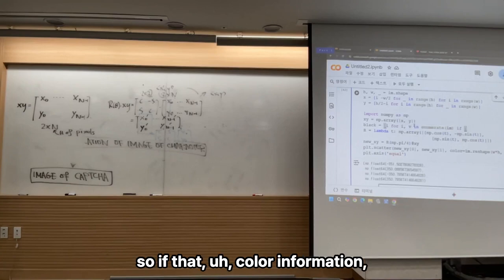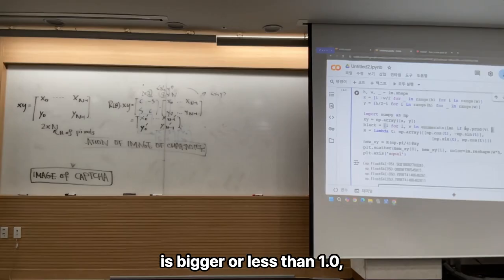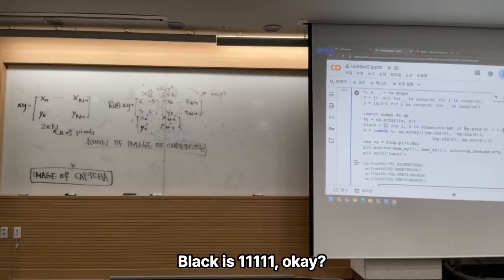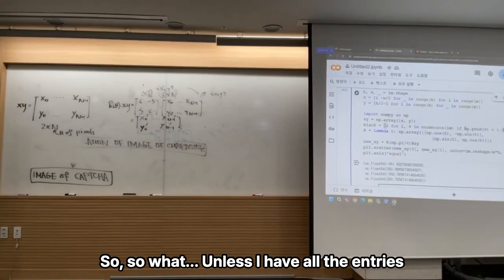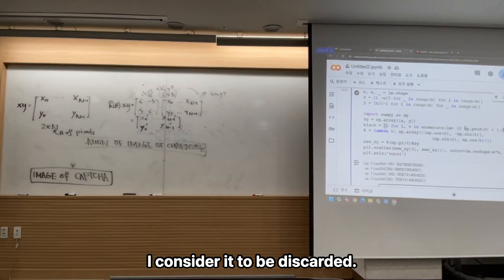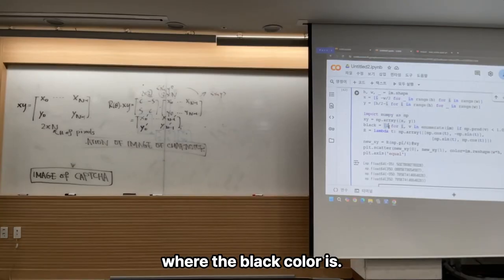So if that color information, RGB data, if I multiply all the numbers in that list, which is 4 numbers basically, is bigger or less than 1.0, then I consider it to be white, because white was 0, 0, 0, 0 actually, but there's only white and black. Black is 1, 1, 1, 1. So unless all the entries of the color information are 1, I consider it to be discarded. So that's where I consider the black color is. So that's the list of index where the black color is.